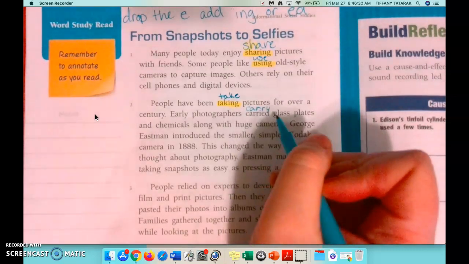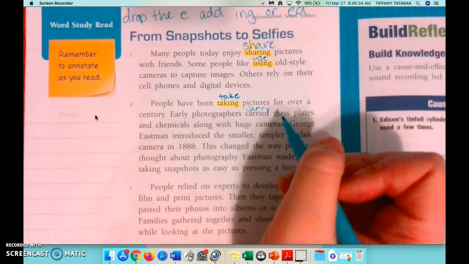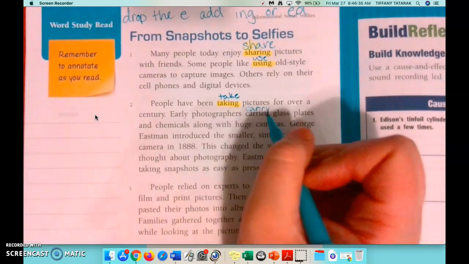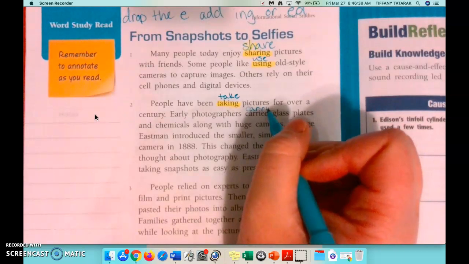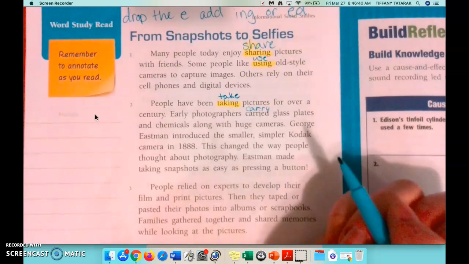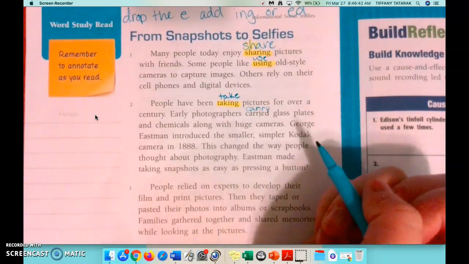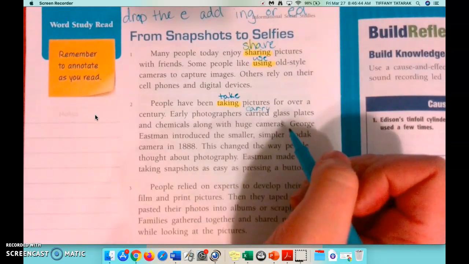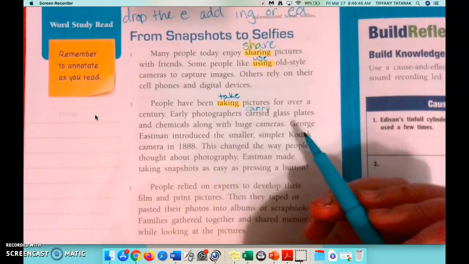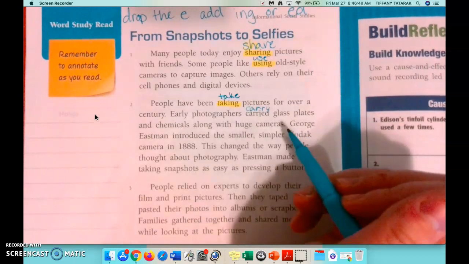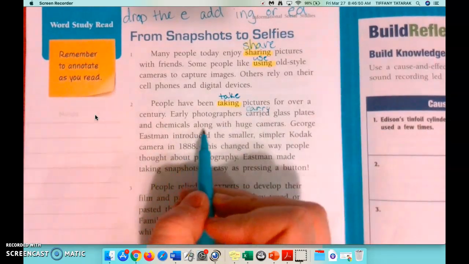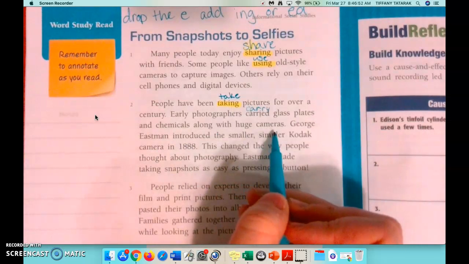But here we're looking for dropping the E and adding ing or ed. Here they had to change the Y to an I. So although there is some changing going on, it does not match our pattern that we're looking for. Okay, then we have glass plates and chemicals along with huge cameras. I don't see any other ones that match what we're looking for.